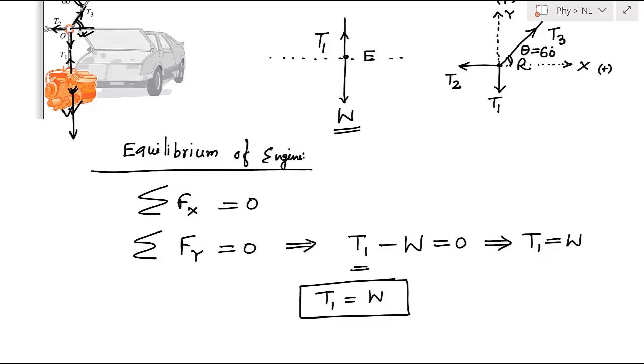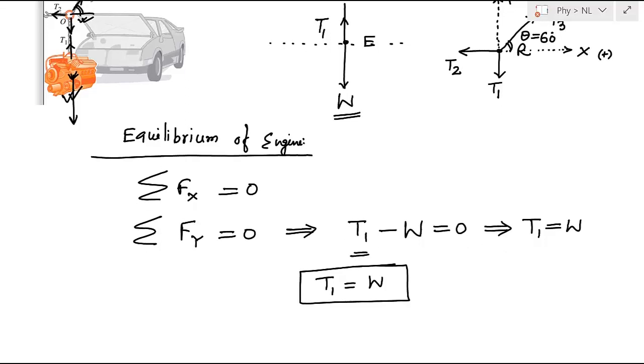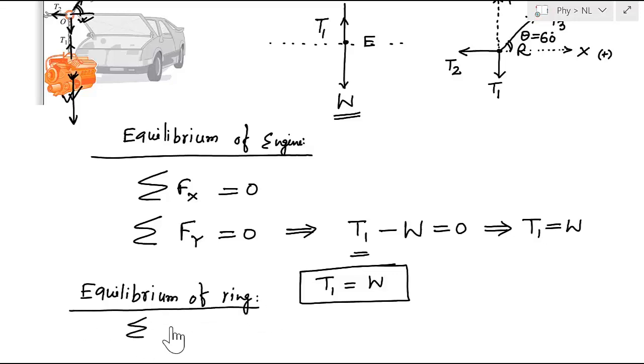Now next what we can do is we can consider equilibrium of ring. So what are the equations we can write? If I write summation of Fx is equal to 0, this will give me forces in the x direction. So what are the forces that are acting in the x direction?